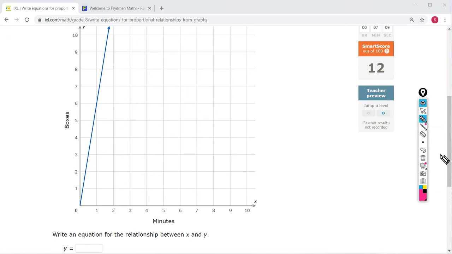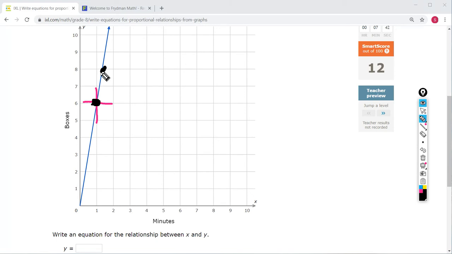So here's a plus sign, for example, and the line is going through this plus sign right over here. So that is a point that we can pick. You want to make sure that the point that you pick is on a plus sign. So for example, this point over here is on the line, but it's not on one of those plus signs.